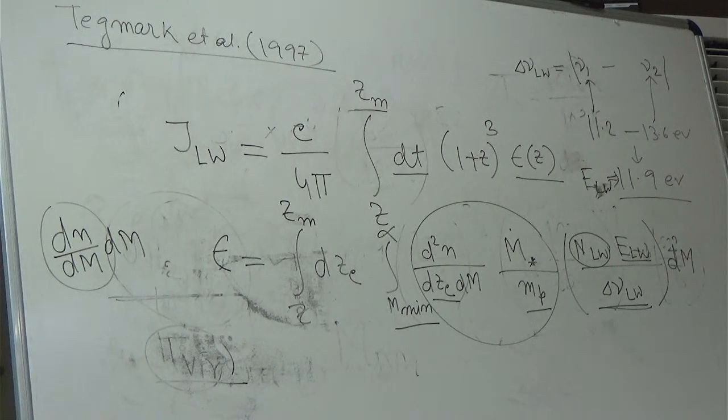But since it is a Lyman-Warner photon, when it gets shifted to Lyman alpha or beta, it will immediately be absorbed by the interstellar medium. So I think the mean free path is less than the interstellar medium distance. That assumption you have to make. If it is not valid, then your whole theory will fall apart.